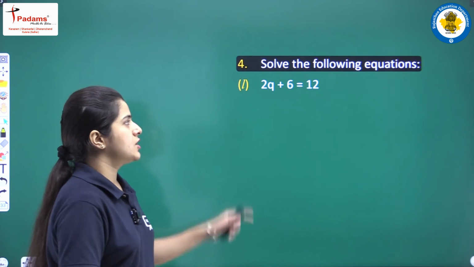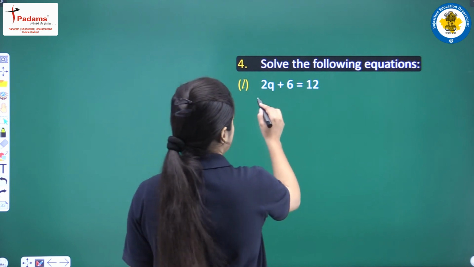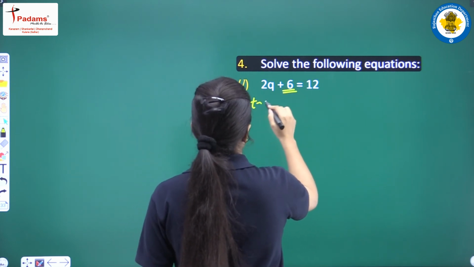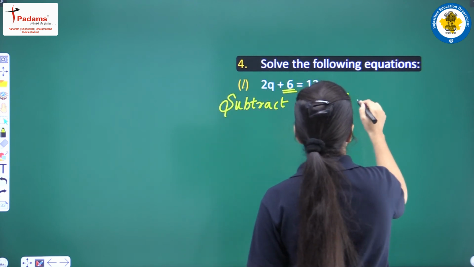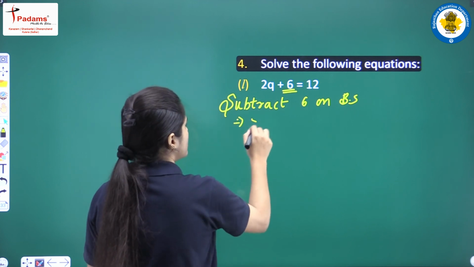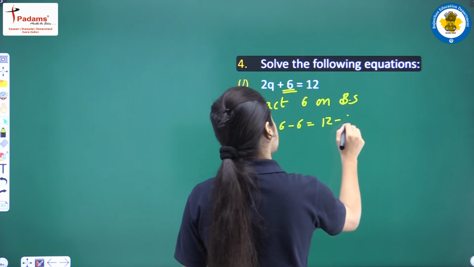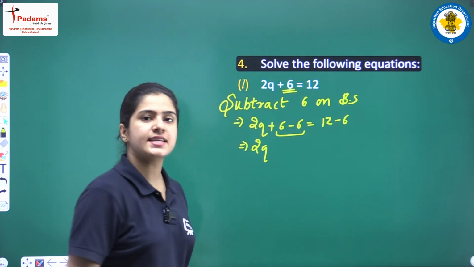Now students, 2q + 6 = 12, alright students? Now we'll subtract 6 on both sides. Right students? 2q + 6 - 6 = 12 - 6, right? So +6 and -6 is 0, students.